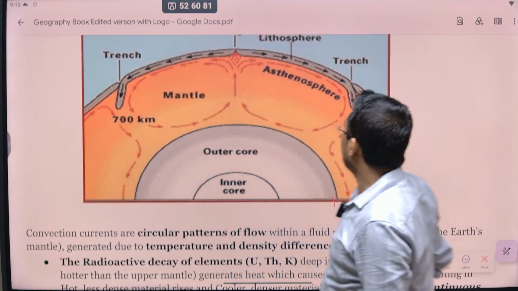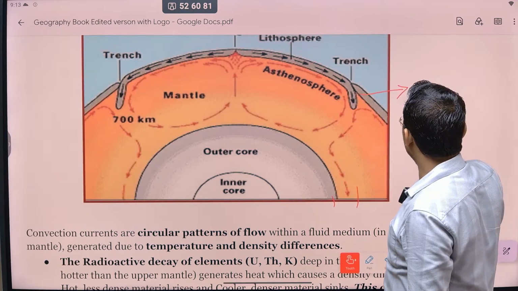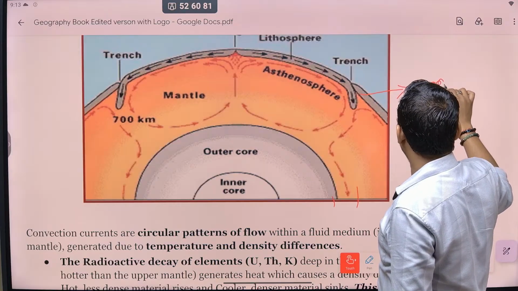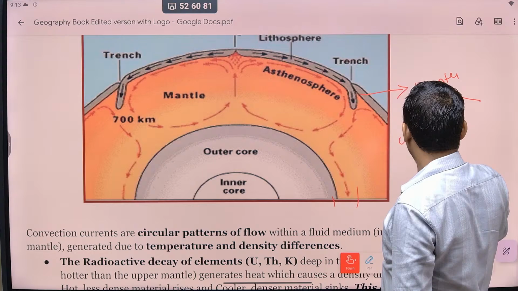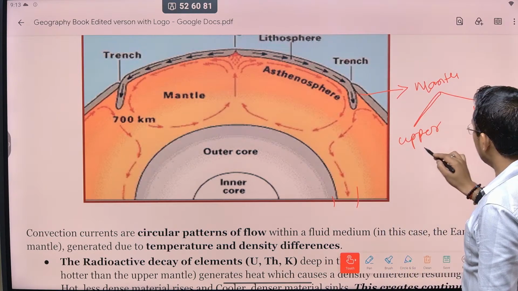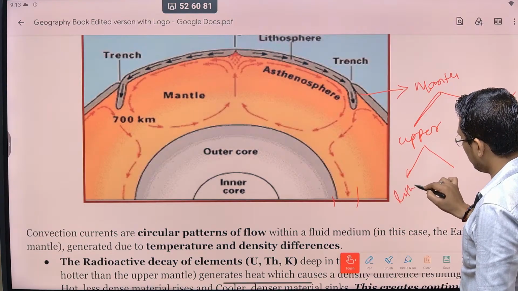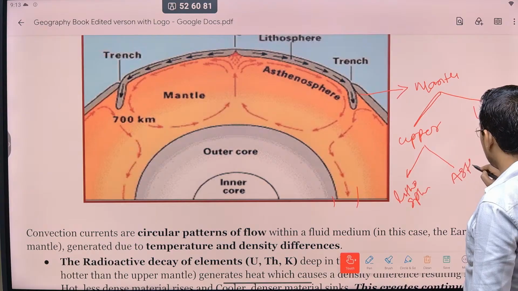What happened? We know that the mantle is divided into upper mantle and lower mantle, and further the upper mantle is divided into lithosphere and asthenosphere.